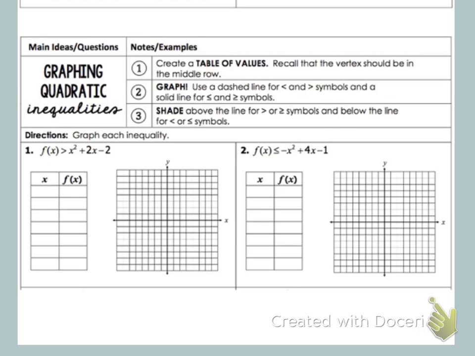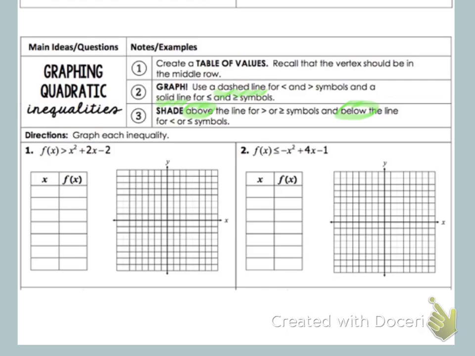And then we decide, once we're able to get the graph, whether we'll use a dashed line or a solid line. And that just depends on the inequality that we use. So again, if we're using an or equal to one, we use the solid curve. And then we shade above or below. So for greater than or equal to, we shade above. And we'll shade below if it's less than or equal to.